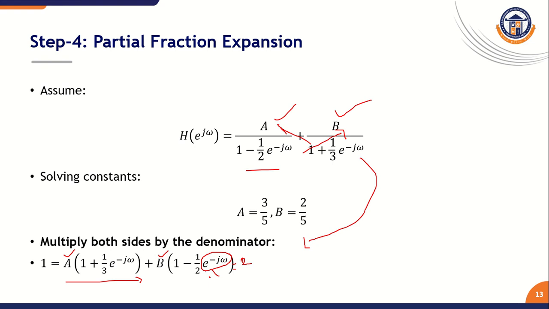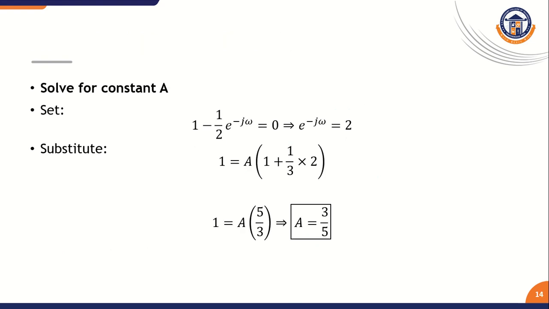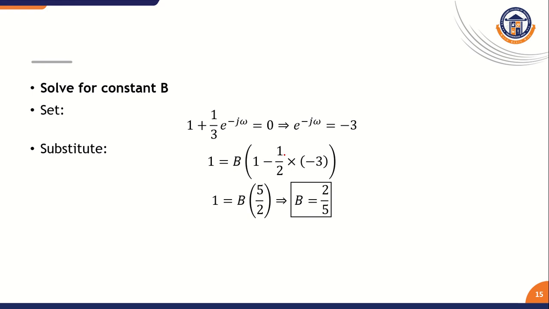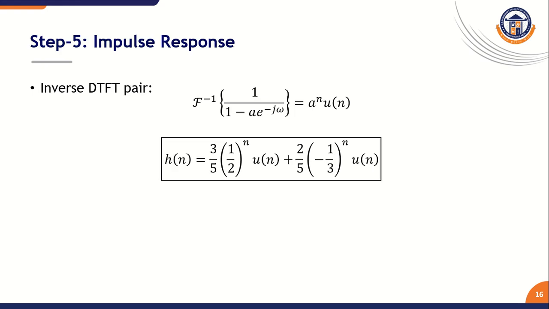Once we substitute this value, the B term is cancelled, so we can find A. Substituting e power minus j omega equal to 2, we get A equal to 3 by 5. Similarly, to find B, we substitute e power minus j omega equal to minus 3. Then we get the constant B equal to 2 by 5.